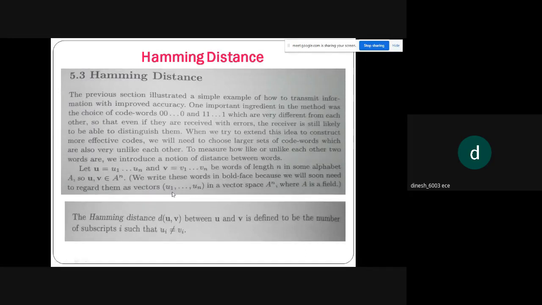Okay, so the definition of this Hamming distance can be given for two vectors u and v, where we count the positions where u of i is not equal to v of i. Okay, so this is the description. I'll explain it.